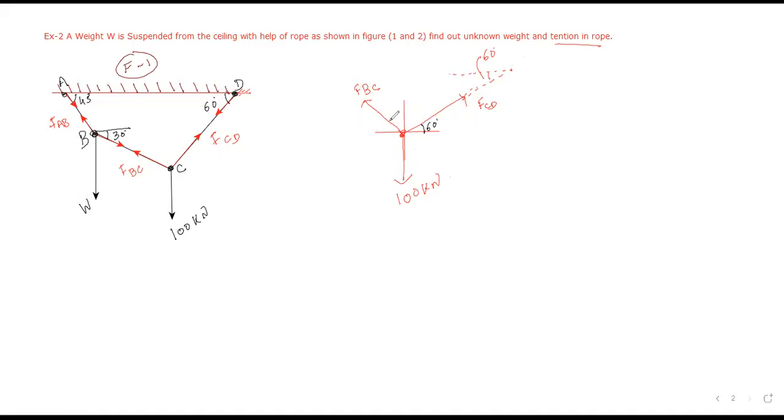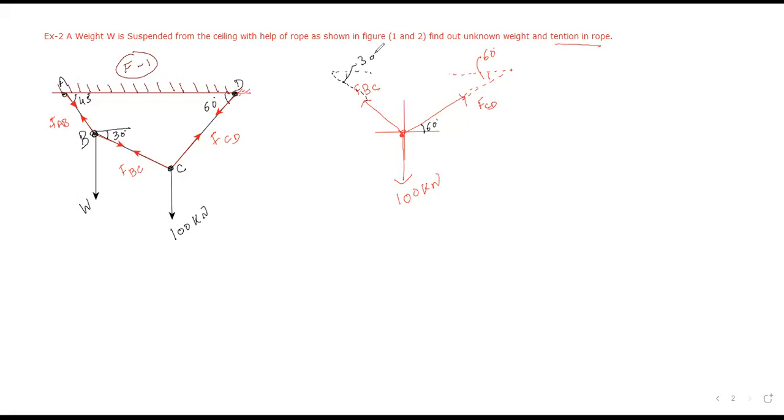Similarly, I extend this line also. Just a minute. I extend this line also. In the data it is also given that this angle with the horizontal is 30 degrees. Yes or no, please confirm.